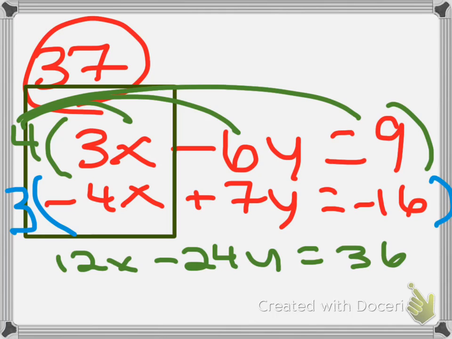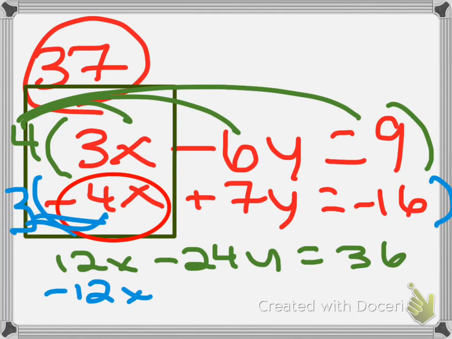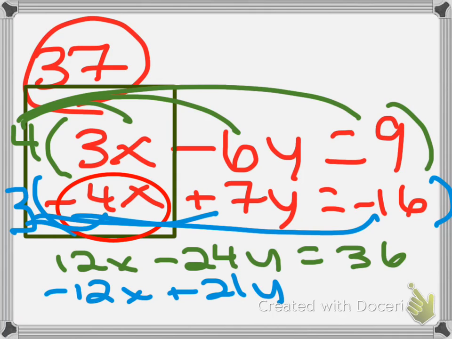That's going to change this x value right here to negative 12, which will cancel out with my other x value. I'm going to distribute it to each term. Oopsie. That gives me negative 12x plus 21y. And then negative 16 times 3 is negative 48.